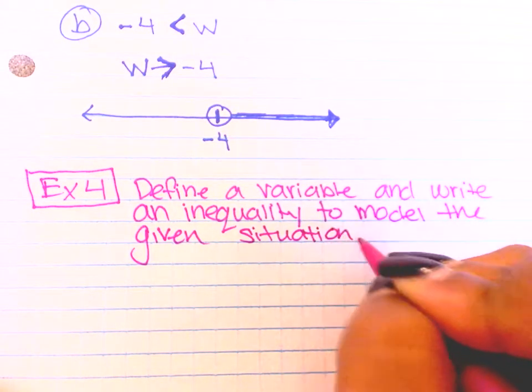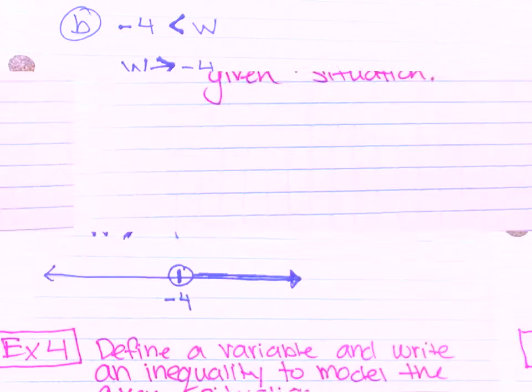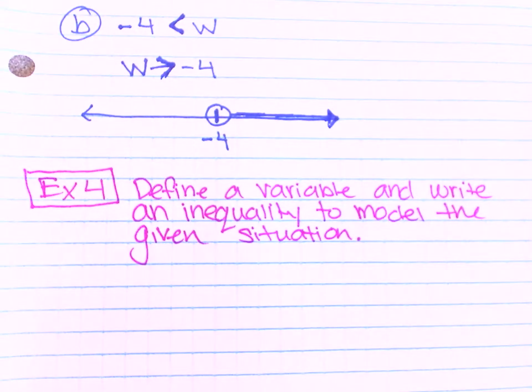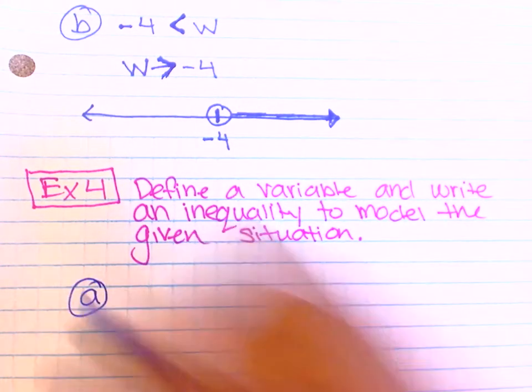Ooh, when it says situation, I know that they're going to ask it to me in word form. Not with numbers, words. So they're going to give you a sentence, some sort of situation, and you have to describe what it looks like using those signs. For example, here's letter A.